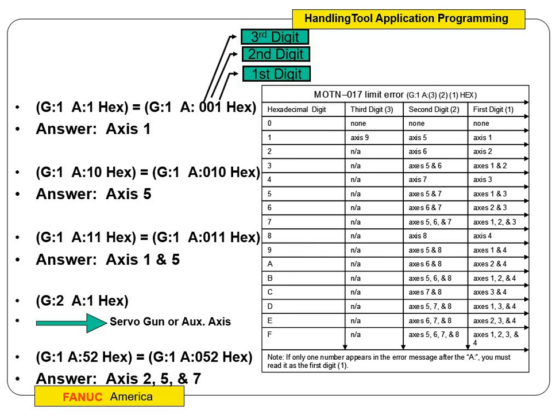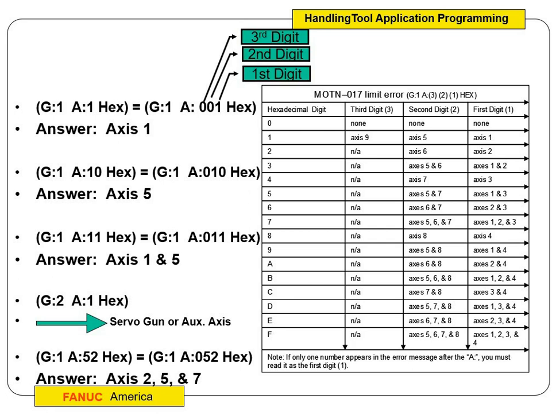Okay, so when we take a look at this, this is our hexadecimal code. This is going to tell us which axis is going to be in error. You don't have to memorize this, because it's going to be in the manual, but you'll be able to look at this and interpret it. On your screen, if you get a motion limit error, it's going to give you a number. It'll say G1A001 hex. You have to interpret the 3rd digit, the 2nd digit, and the 1st digit.